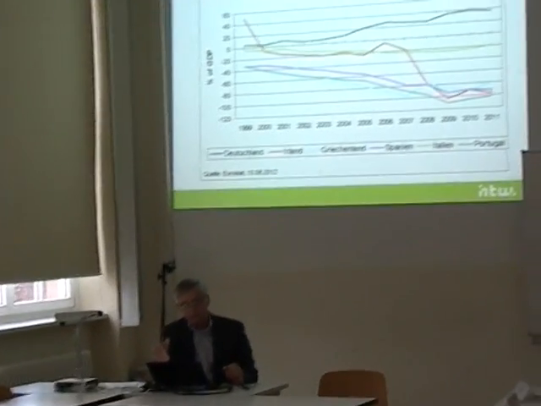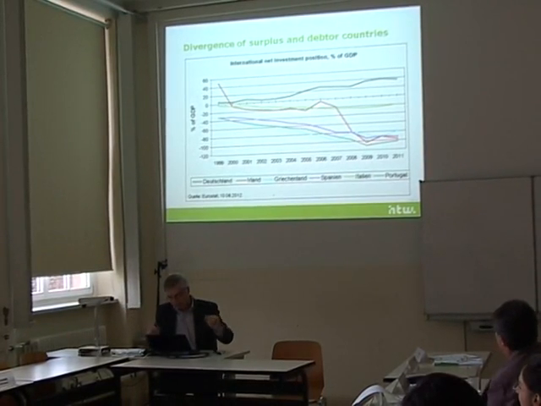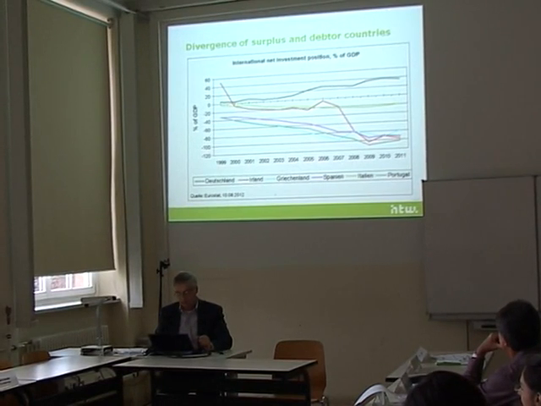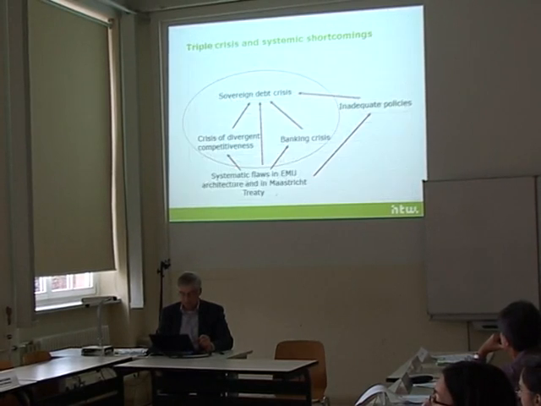And the upper black curve is Germany for the surplus countries, and the others are the problematic deficit countries, and you see the divergence. And it's ever increasing. So these countries are over-indebted, and the others are getting an enormous credit position, and this causes extreme divergence.